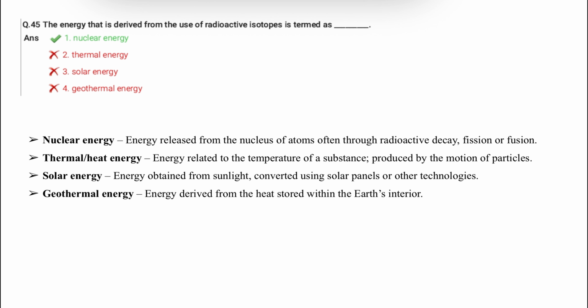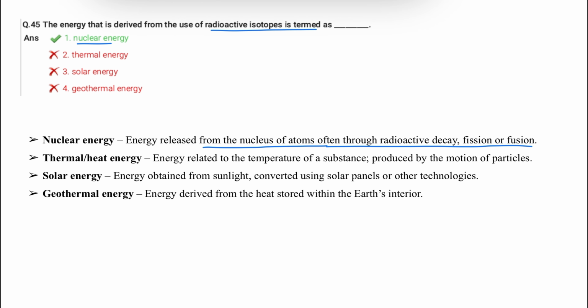Question number 45. The energy that is derived from the use of radioactive isotopes is termed as. So nuclear energy. The remaining options are incorrect because thermal energy, solar energy and geothermal energy are not obtained from radioactive isotopes. Nuclear energy is the energy released from the nucleus of an atom, often through radioactive decay, fission or fusion.